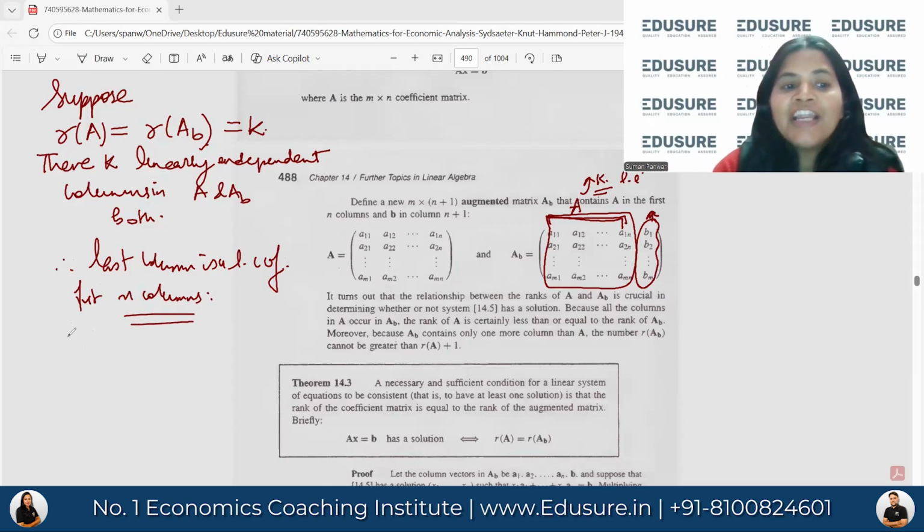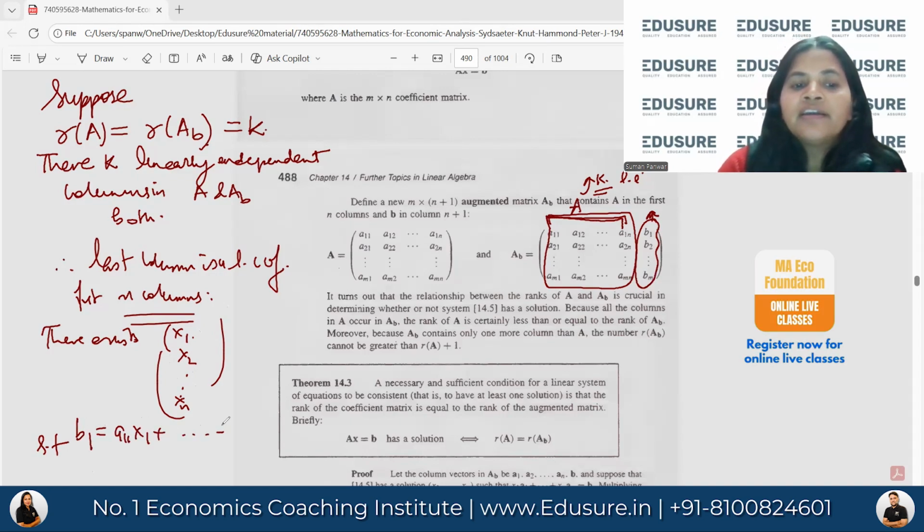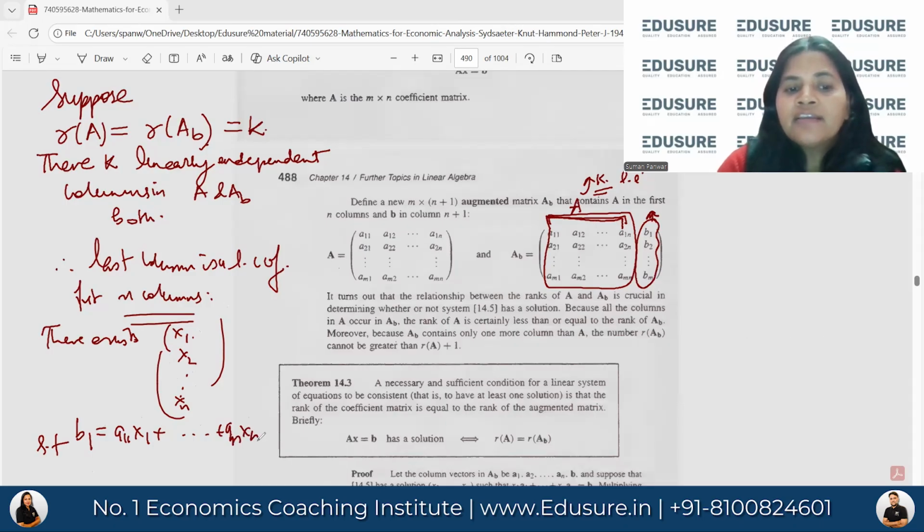What does it mean? It means that there exist x1, x2 till xn such that b1 is equal to a11 x1 till a1n xn, b2 is equal to a21 x1 till a2n xn, and so on.